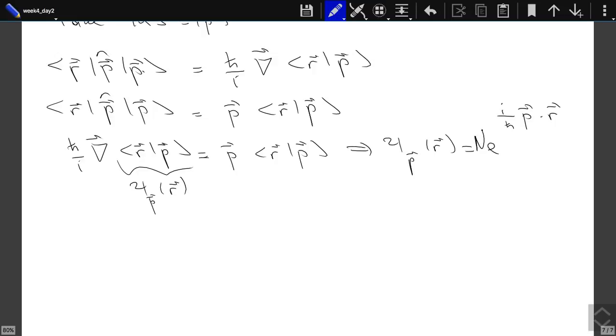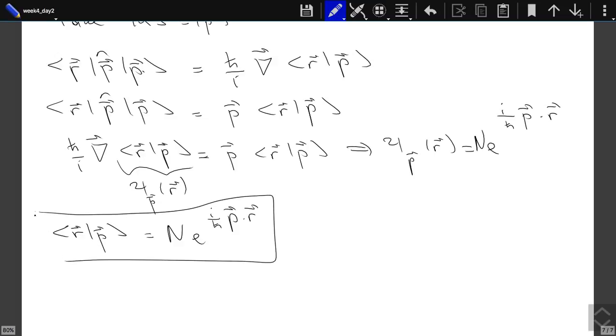Of course, there's some normalization constant. So this is the wave function of the momentum ket.